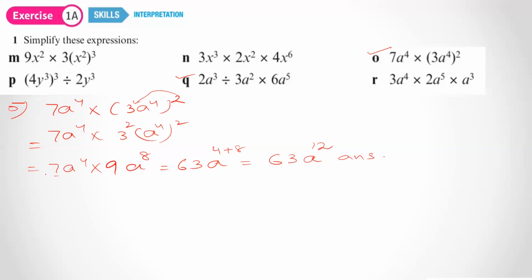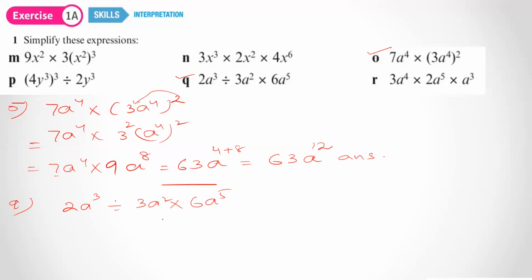Now here Q, question number Q. Here, 2 times a power 3 divided by 3a square times 6a power 5. See, first of all, BODMAS rule, what does it state?